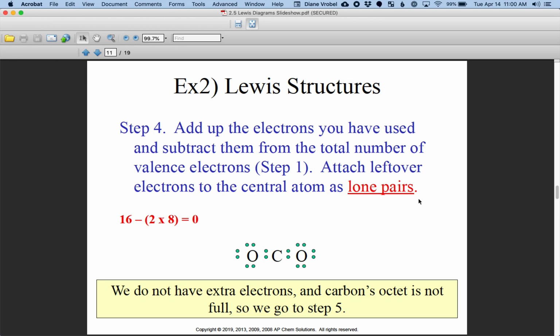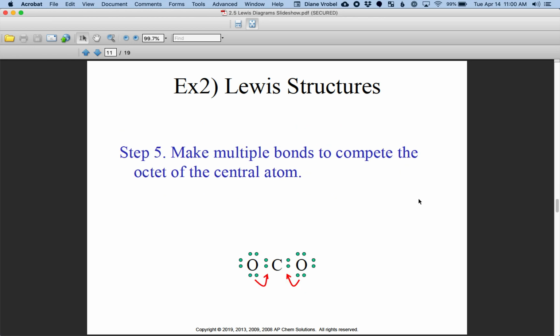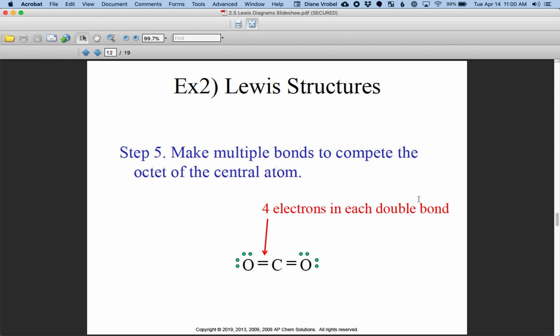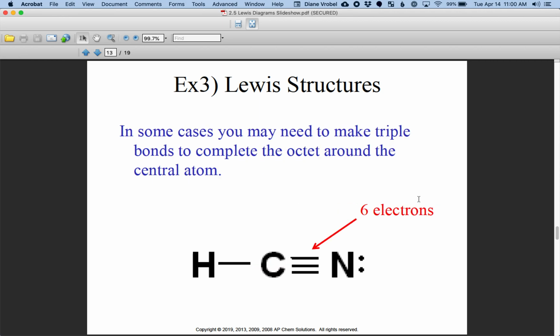Typically, we have to move electrons around and create multiple bonds. As a result, we give carbon its set of 8 electrons, and we also give oxygen its set of electrons. So we are able to satisfy the octet for both sets of atoms.